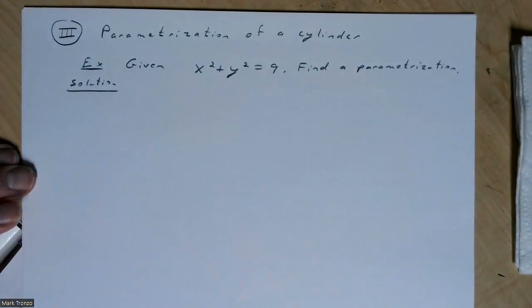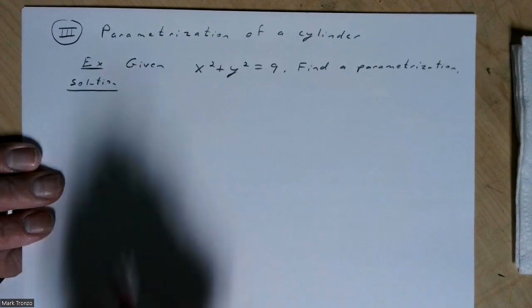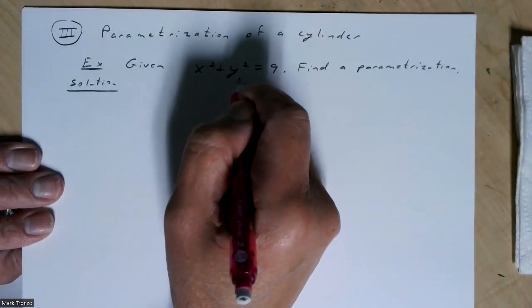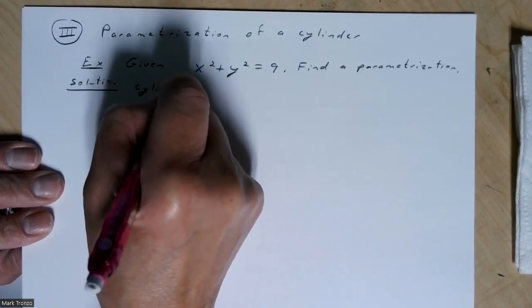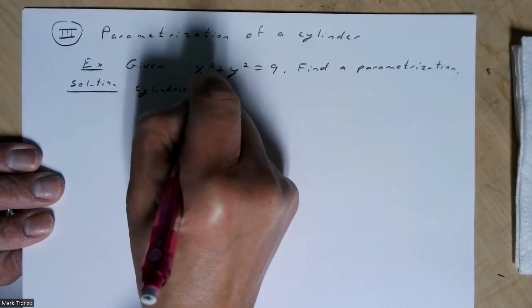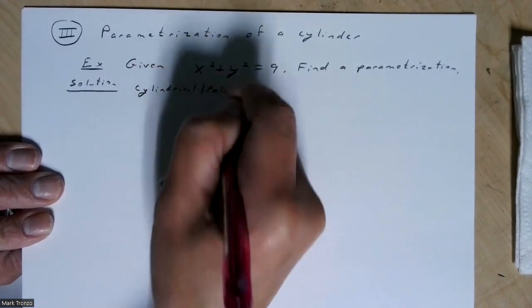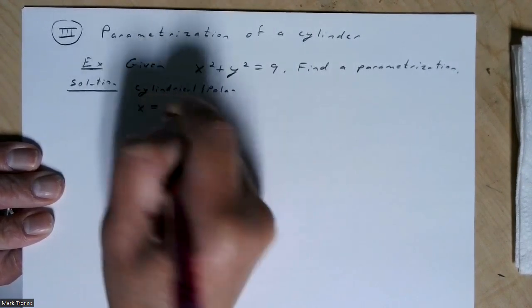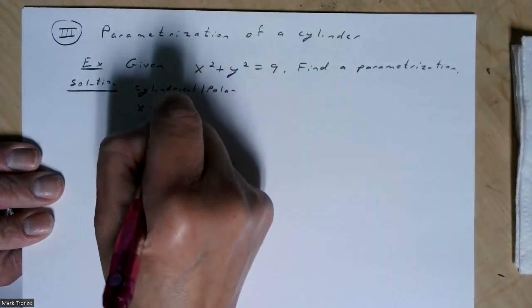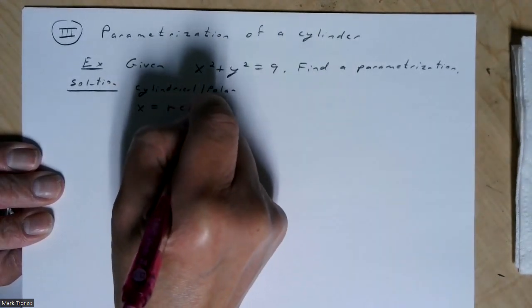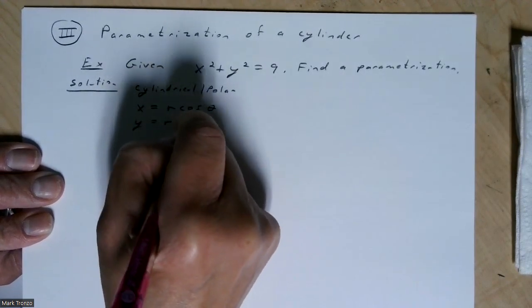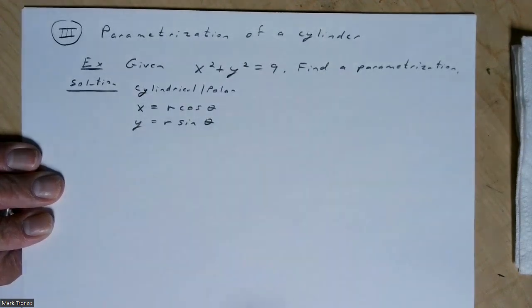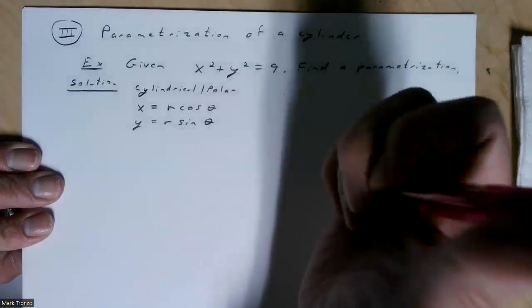So let's take a look at this. Now, think of cylindrical coordinates or polar coordinates. When we did that, we would have x equal r cos theta, y equal r sine theta, and then z was allowed to vary. It's similar for the parametrization.